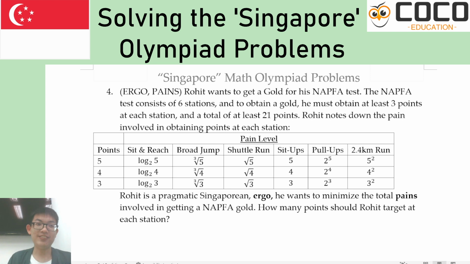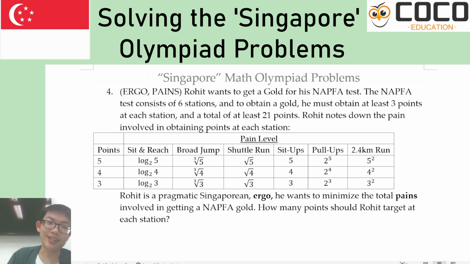And so this is just a bit tongue-in-cheek that we want to minimize the amount of pain, and obviously in terms of preparation and effort, some of the stations for your NAFA test are going to require more effort than others. Arguably pull-ups and your 2.4K run will require more pain, although that's very debatable. It really depends on your personal physical abilities, so this is just very fictitious.